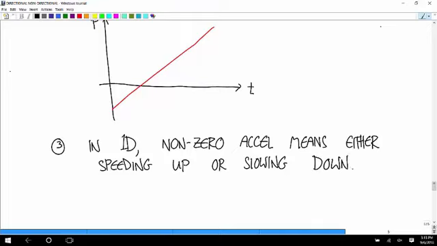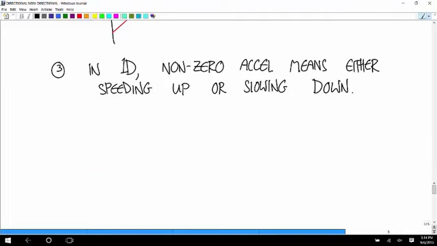That's going to change when we get to two dimensions, where something can be moving with a constant speed and still be accelerating.